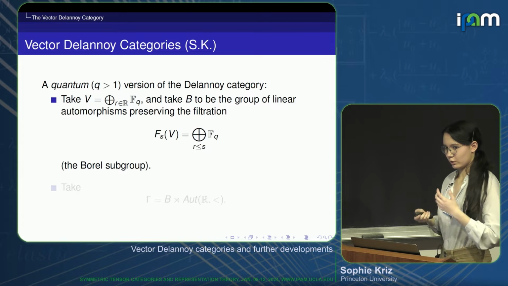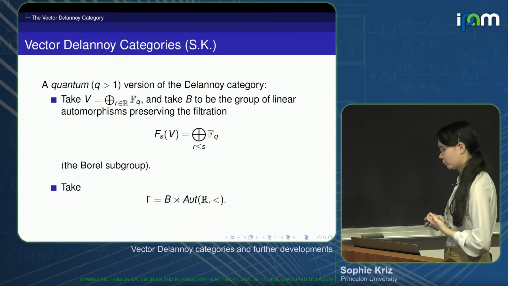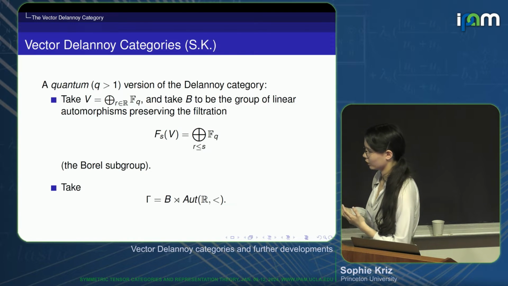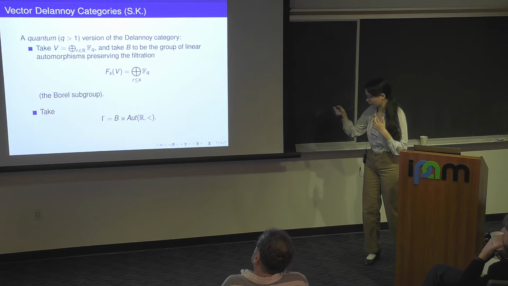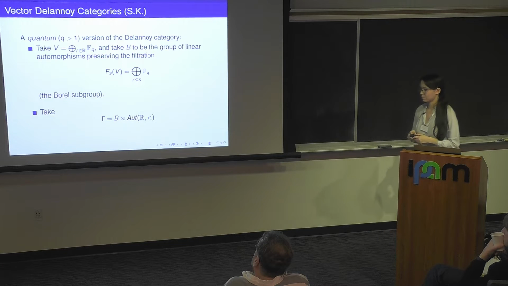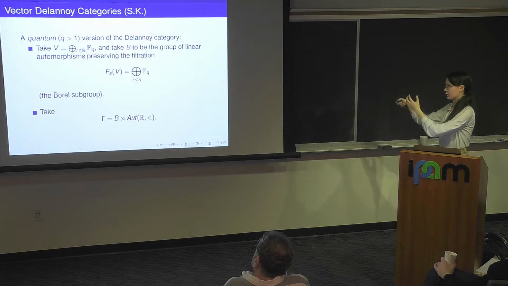So this B can be considered as some kind of Borel subgroup of GL(V). And the oligomorphic group which I want to consider is the semi-direct product of this Delannoy group, these order-preserving bijections of R, with this Borel subgroup. And this will act on V.